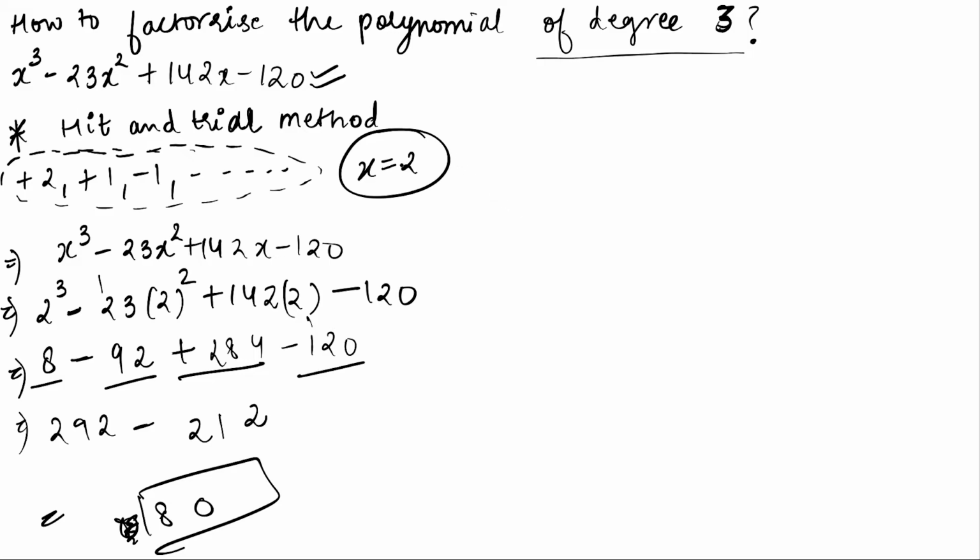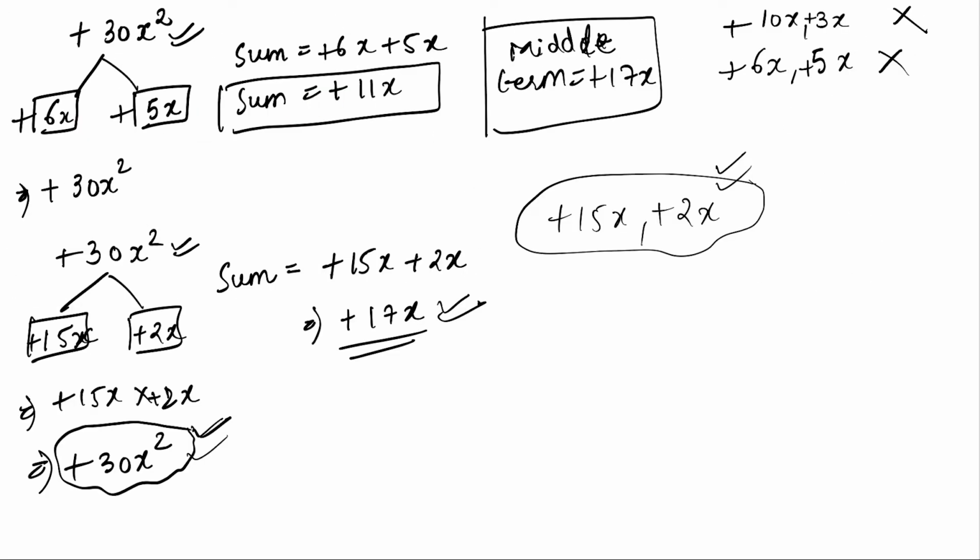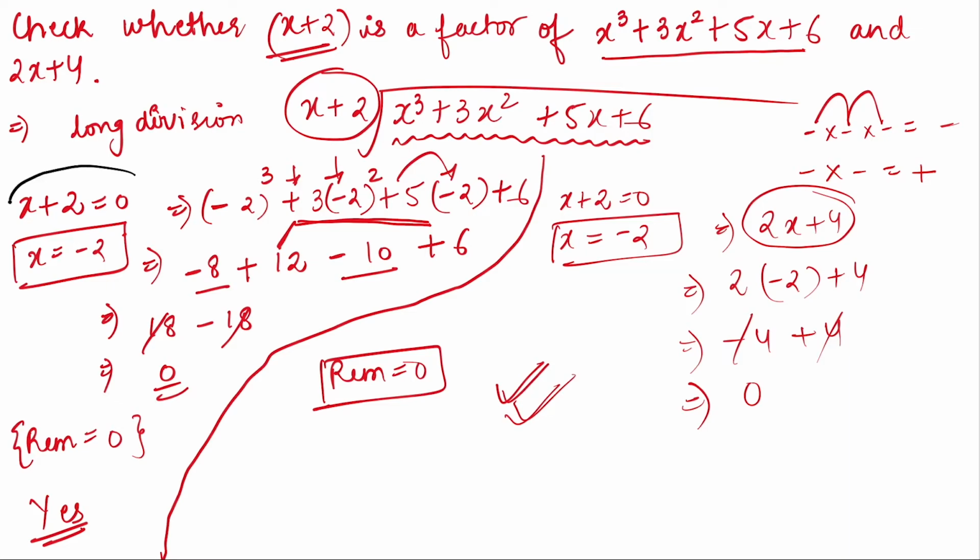Let's say if at x equals to 2, if I would have got 0 here, then could I say that x minus 2 is a factor of this polynomial? Because just we have learnt here, if I was putting x equals to minus 2 in this polynomial, I was getting 0.